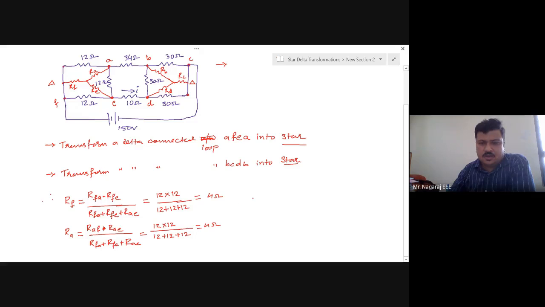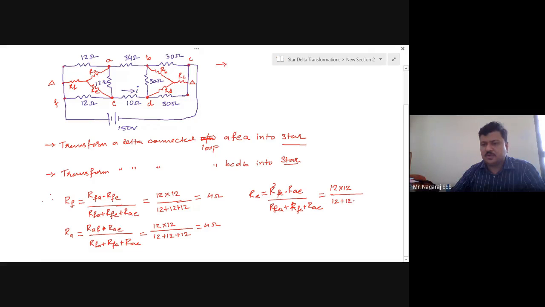And RE is equal to, as per the formula, RFE into RAE divided by RFA plus RFE plus RAE. 12 into 12 divided by 12 plus 12 plus 12, which is 4 ohms.